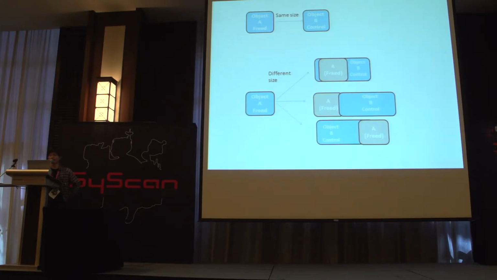And using different size objects may be unreliable because we need to lay out the heap accurately in order to be able to control the field which we want. However, we can have more choices. We can have more candidate objects to use. So although the different size objects approach is unreliable, we still recommend it in practice because more choices is more important.